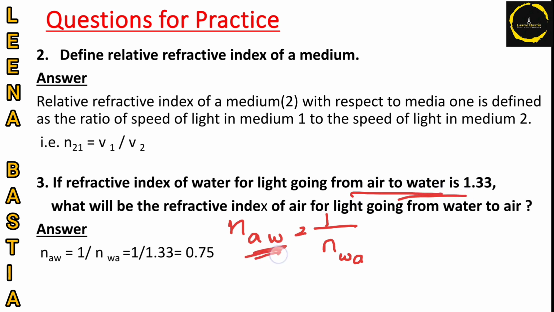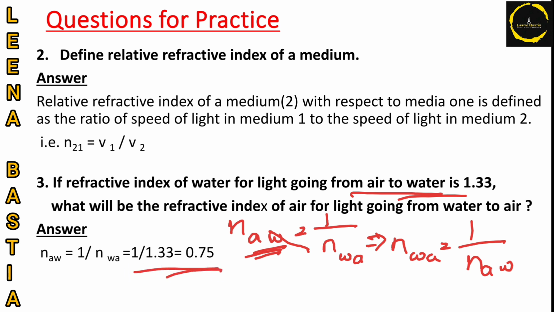This is air to water, right? Air to water we got. What will be the refractive index of air for light going from water to air? Just alternate it. This one can go to the other side, and n_wa will be 1 by n_aw, isn't it? So you just substitute the value and you will get the answer.